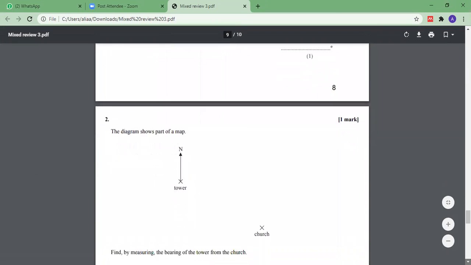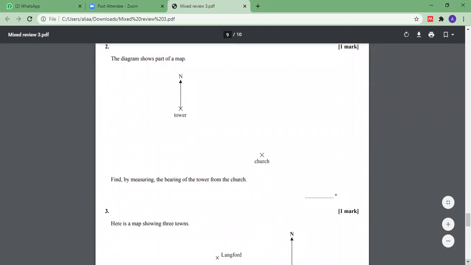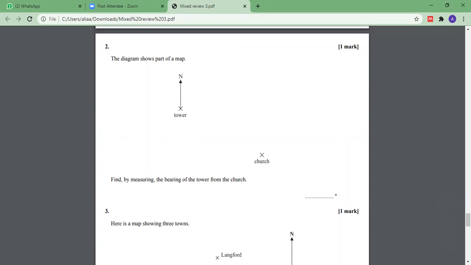Let's see this question. Find the bearing of the tower from the church. What does he mean by from the church? From the church. So I will take north.